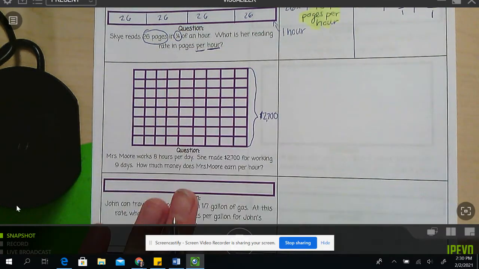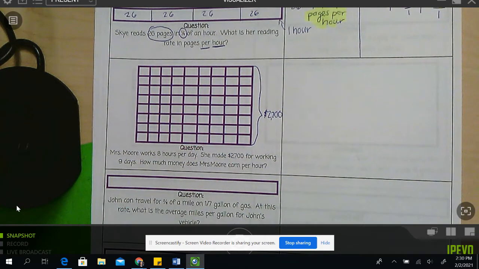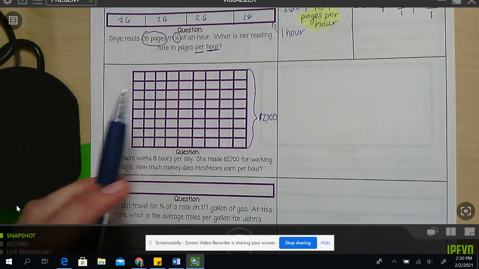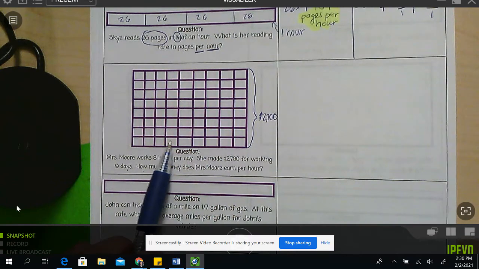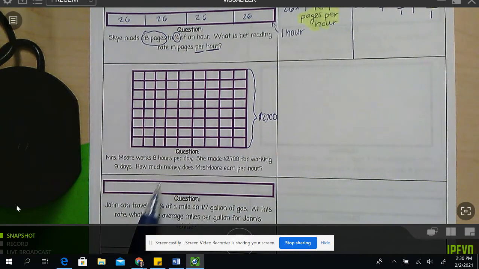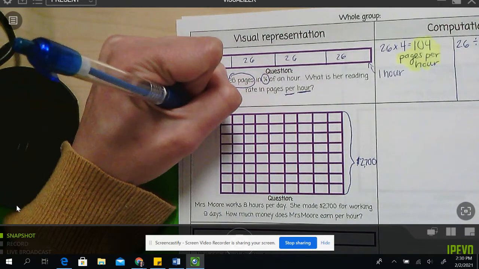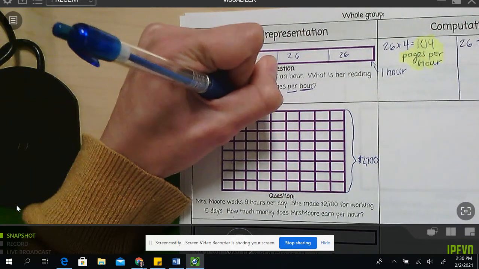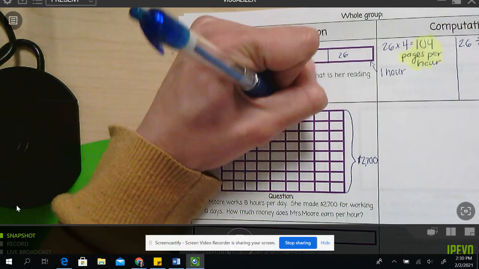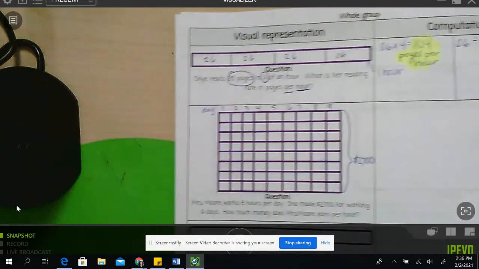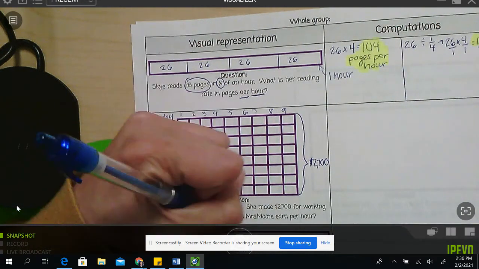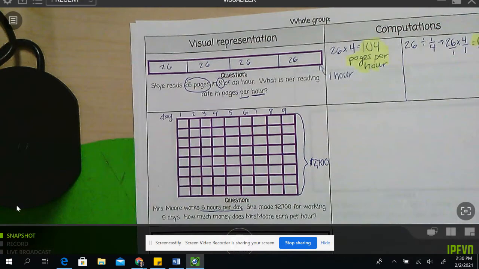Okay, and then the way that I've already split it up for you on now on the next one, you're gonna have to split it up yourselves. But we have 1, 2, 3, 4, 5, 6, 7, 8, 9. We have 9 columns. So each one of those we're gonna think of like a day. That's day 1, 2, 3, 4, 5, 6, 7, 8, 9. And then each day that she worked is split up into 8 hours.